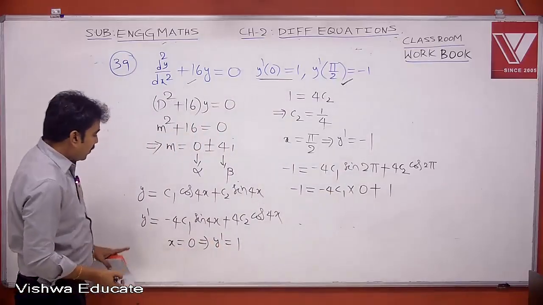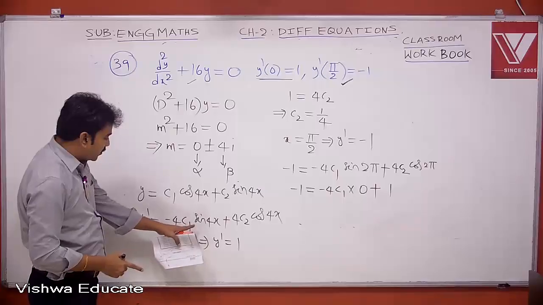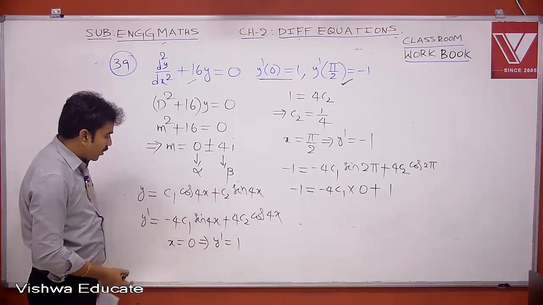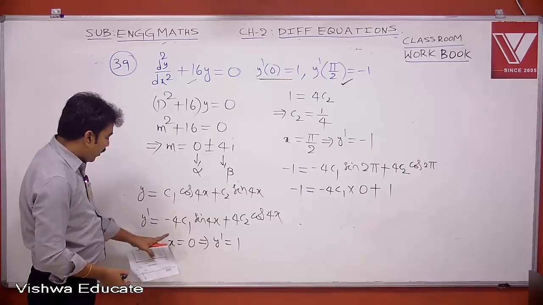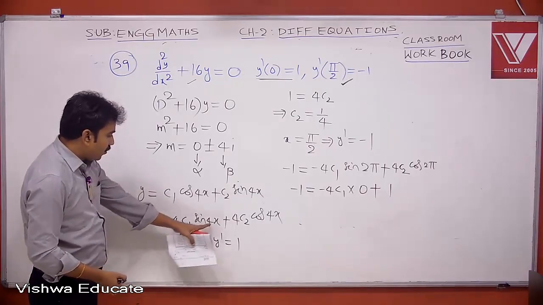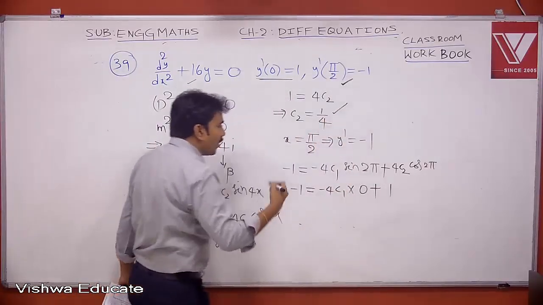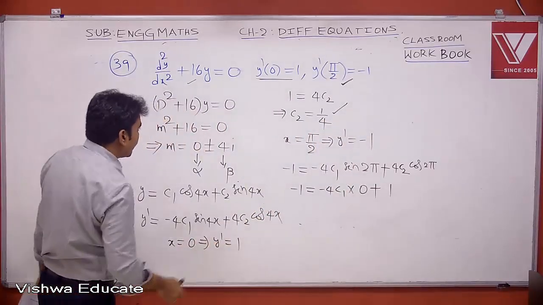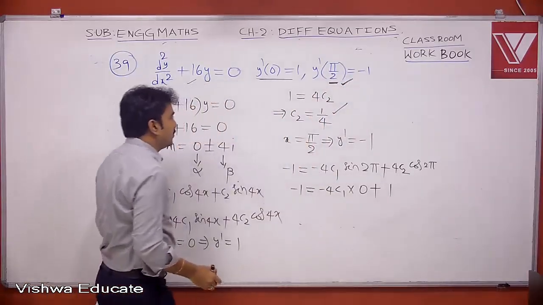Let us verify. Let us go for simplification. See here y dash is minus 4c1 sin 4x plus 4c2 cos 4x. When x is 0, y dash is 1. That means replace x by 0, so y dash is 1. The sine term becomes 0. Therefore for c2 we are getting a single value. This is right. Now let us go for the second condition. y dash is equal to minus 1 when x equal to pi by 2.